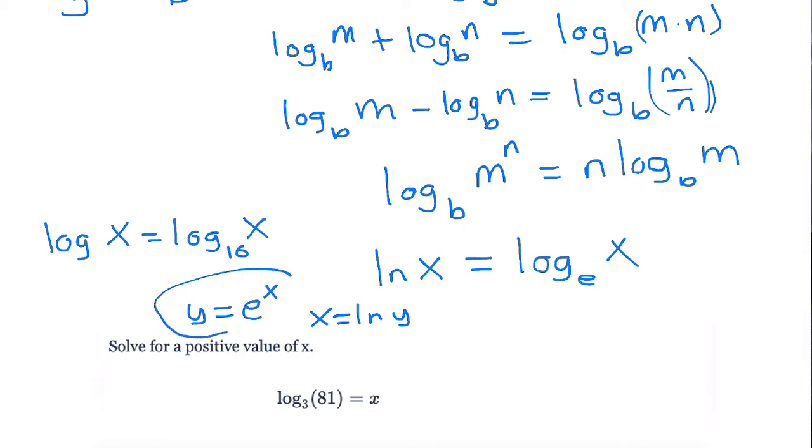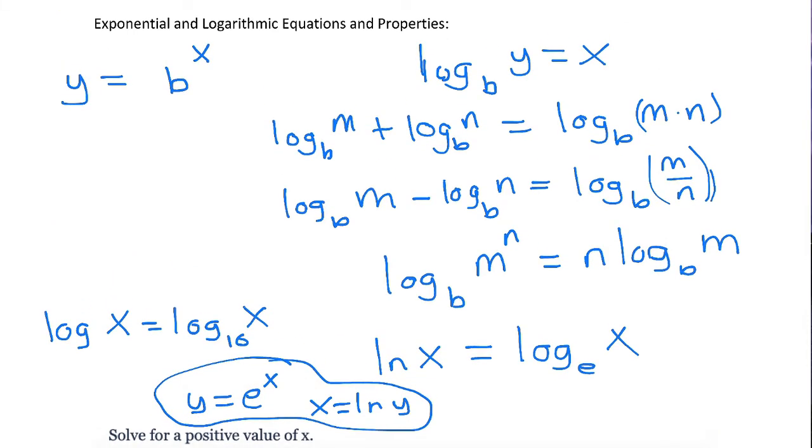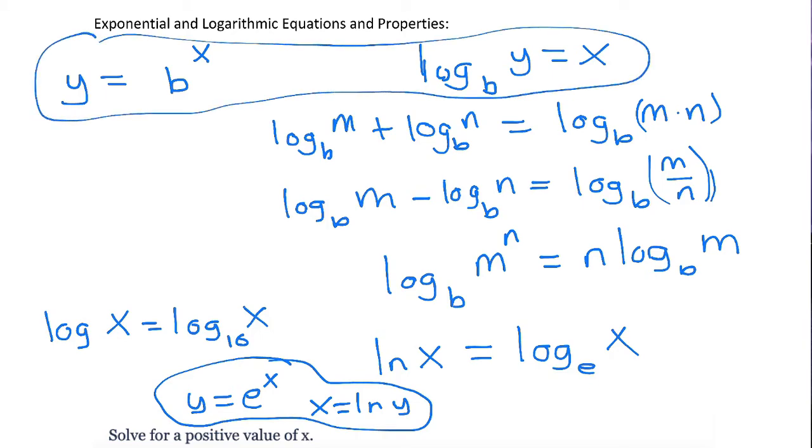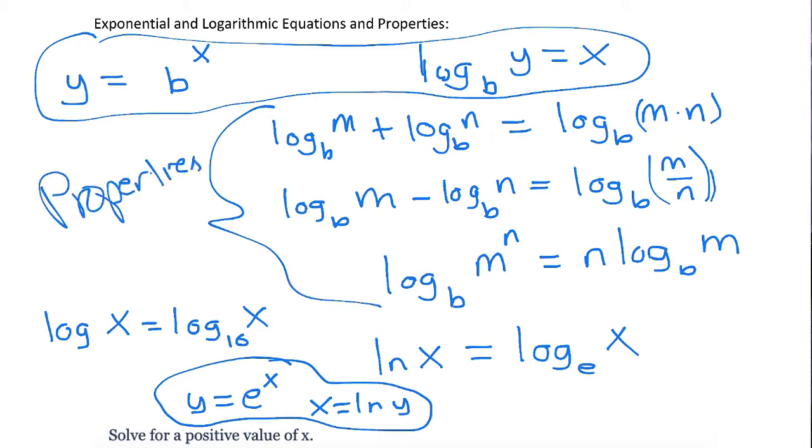So these two kind of go together. But they would follow the same rule as these two. And here are all the properties. We're going to use those in some examples that I'll do.